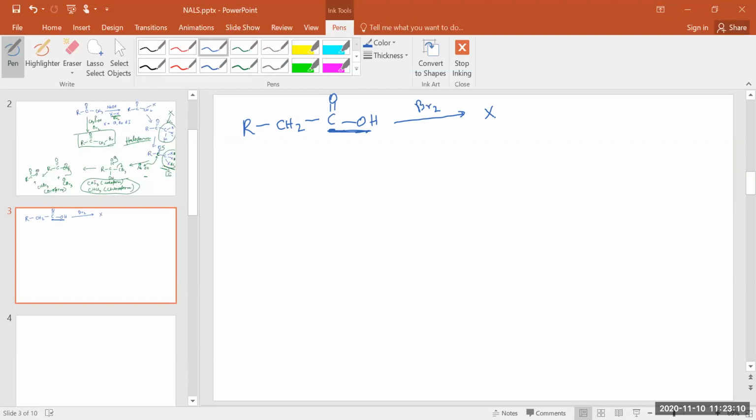No reaction if you take just bromine. Okay? But if you take bromine with PBr3, what will happen? Then it will form the alpha substituted product of Br.